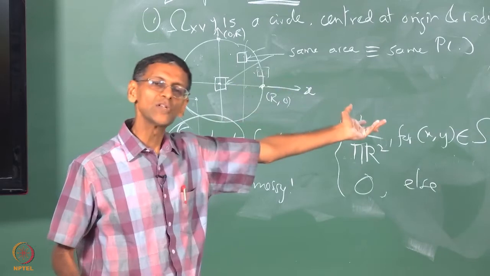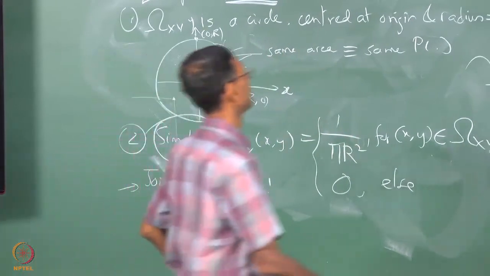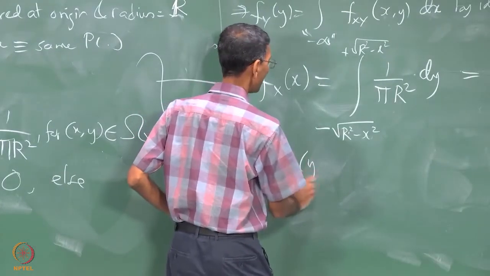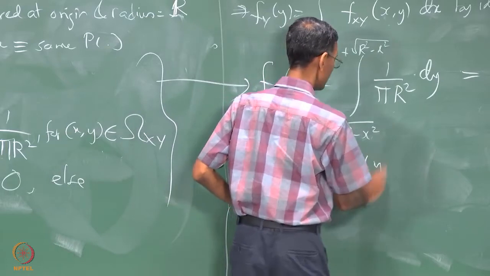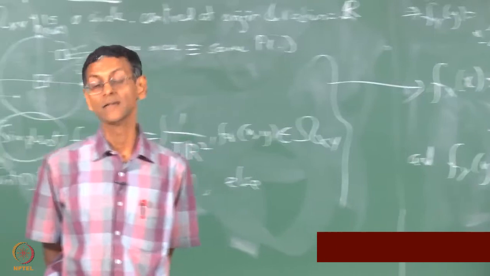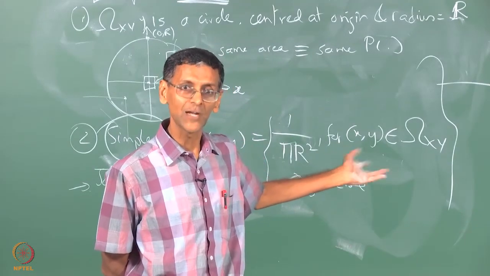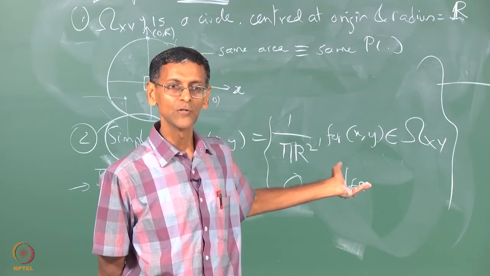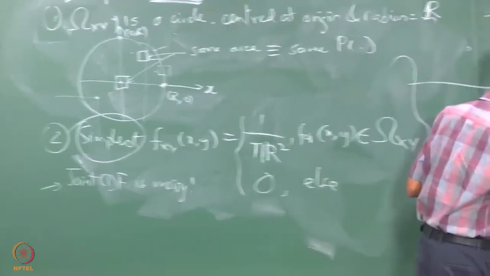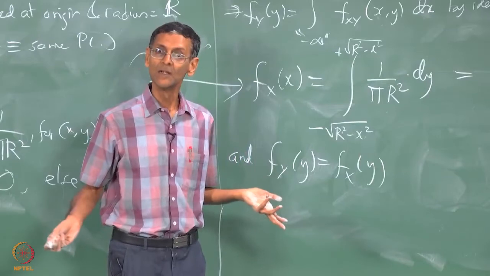By symmetry, what can you say about the marginal PDF of y? It's exactly the same, and fy of y I can just say is fx of y without rewriting anything. Note that with fx you can use any argument. There is no rule to say that this must be the uppercase letter and this must be exactly the same lowercase letter, nothing of the sort.